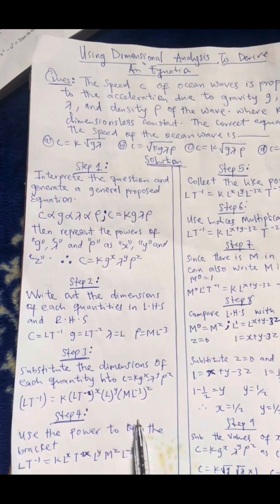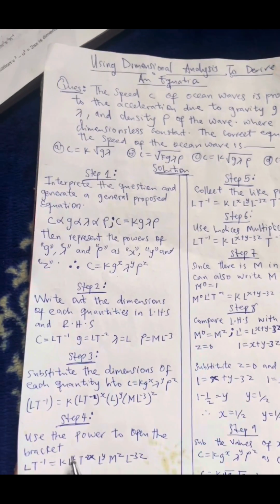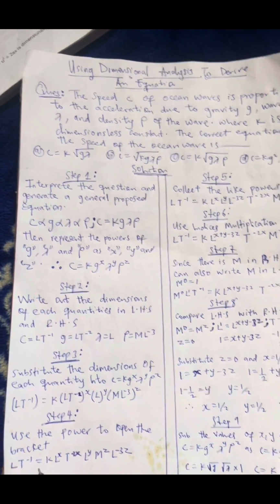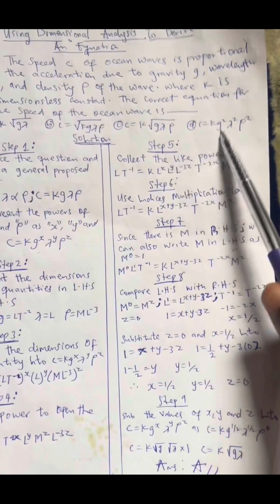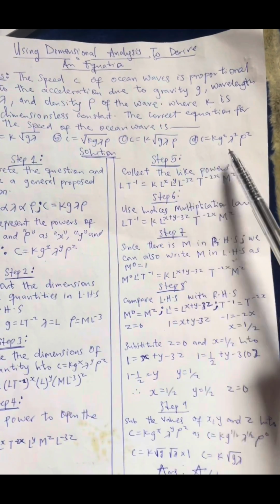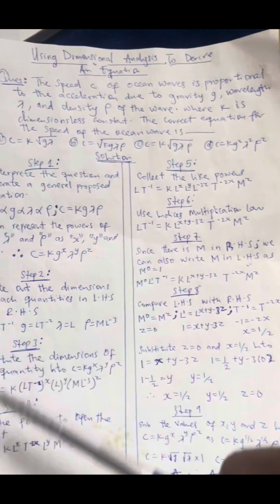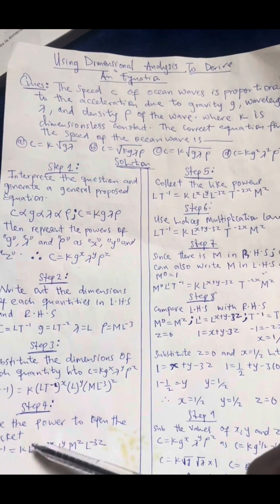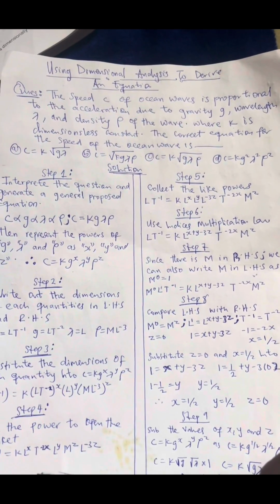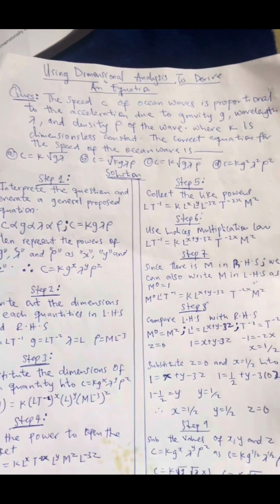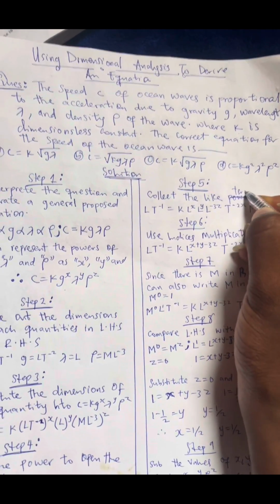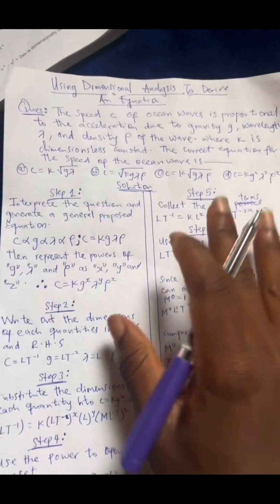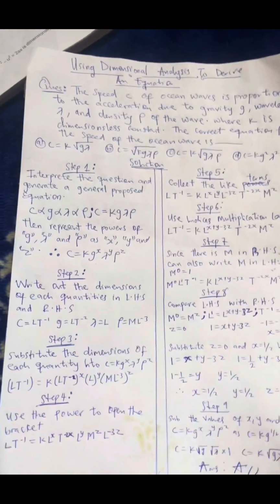So guys, once we have used the power to open the brackets and we got this expression, the next thing we are going to do is collect the like powers. So how are we collecting the like powers? The terms that are the same, we are going to bring them together.